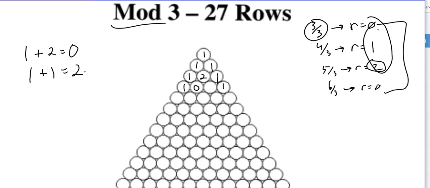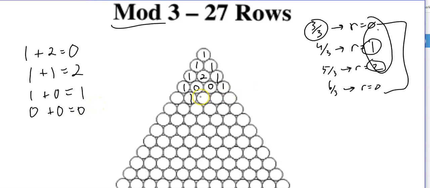And let's see what else we have. Well, 1 plus 0 is 1, because that's one of our remainders. I'm okay with that. So 1 plus 0, or 0 plus 1 is 1. I feel like we're not quite there yet. So I think we need 3 is really 0. Okay, 0 plus 0, we need 0 plus 0 in there. So 0 plus 0 is 0.